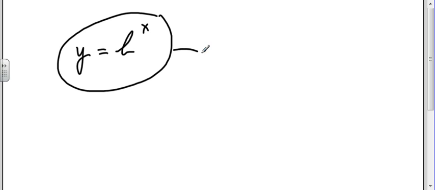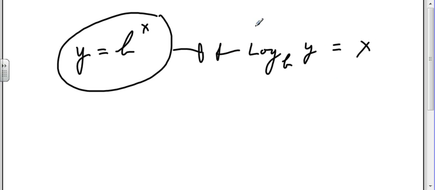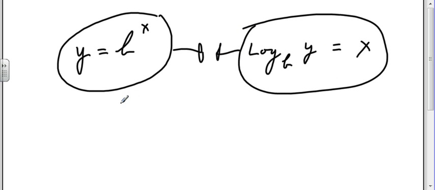Anyway, the issue is if I have y equals b to the x, that equation is the same equation as if I say the log base b of y is equal to x. So these two things are equivalent to each other. If I see this guy and it's more convenient to solve that equation, I do.